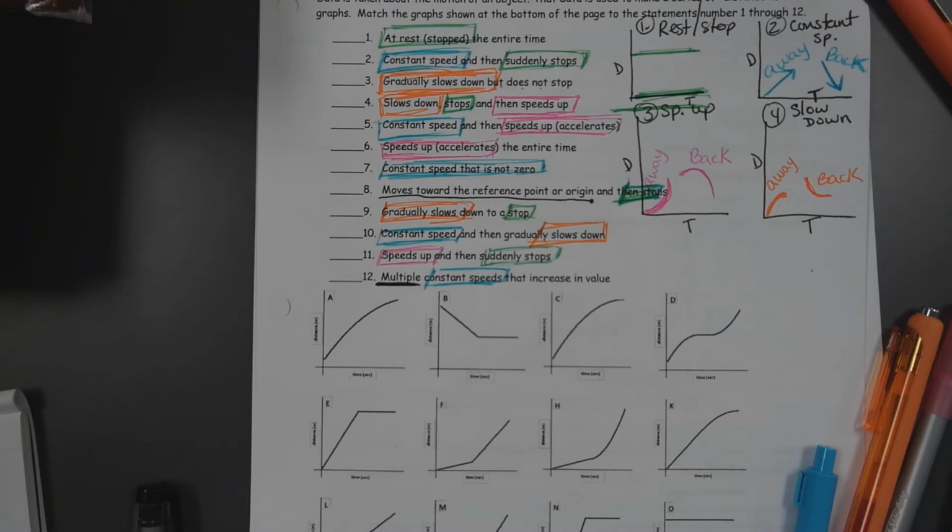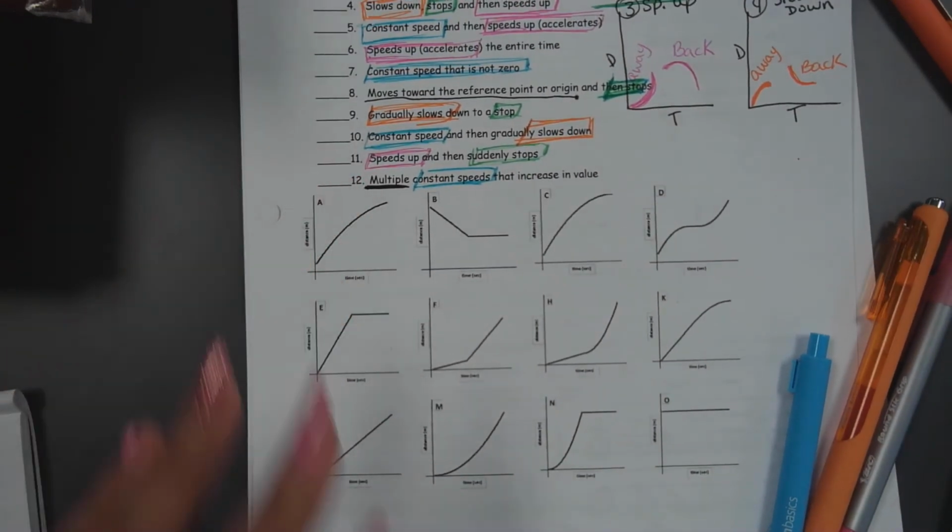No, because why can't you have an instantaneous speed of this speed, and then all of a sudden this speed, and all of a sudden this speed? There's speed ups in between the constant speeds, right? Wait till we get there.